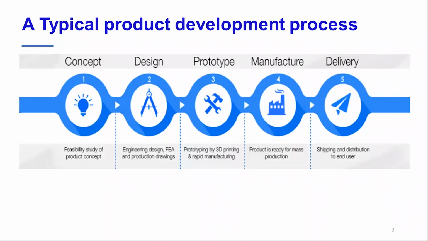So how does a typical product development process work? This is just a very macro level overview. Broadly, there can be two types of processes. One is new product development, which is also known as NPD or NPI. And then there can be the other, which is sustaining engineering or requisitions.